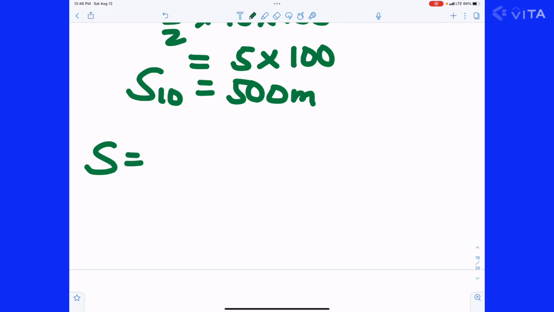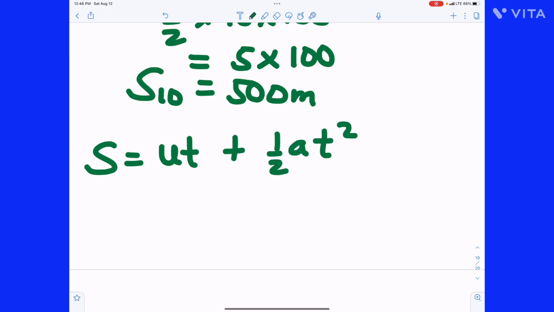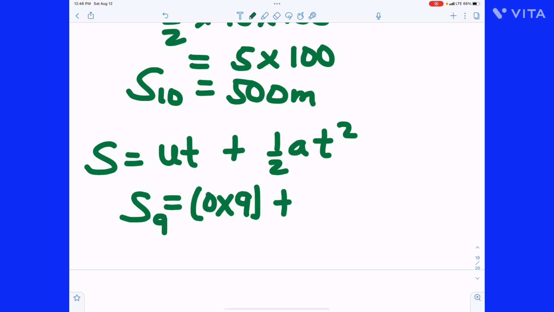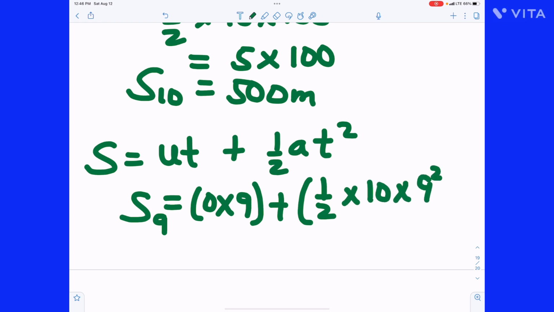Using S is equal to ut plus half at squared, the distance traveled in 9 seconds will be equal to 0 times 9 plus half times 10 times 9 squared. 0 times 9 is 0, so this goes away.